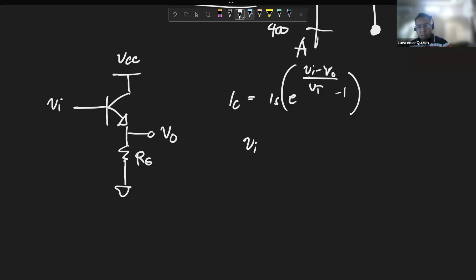And if we flip this equation around, we can solve for V in minus V out in terms of IC, no?